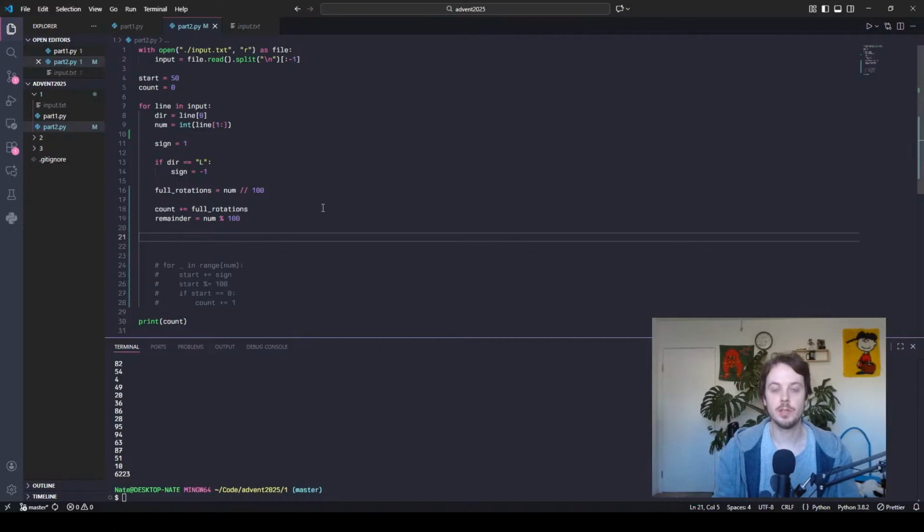So let's think. If we're going left, then we're decreasing.